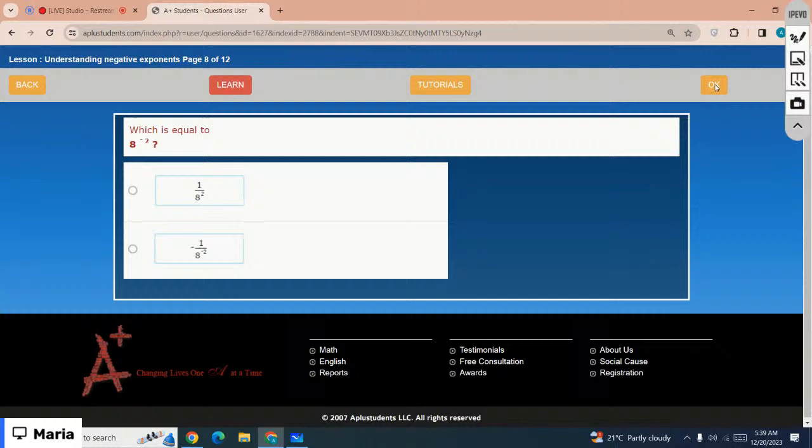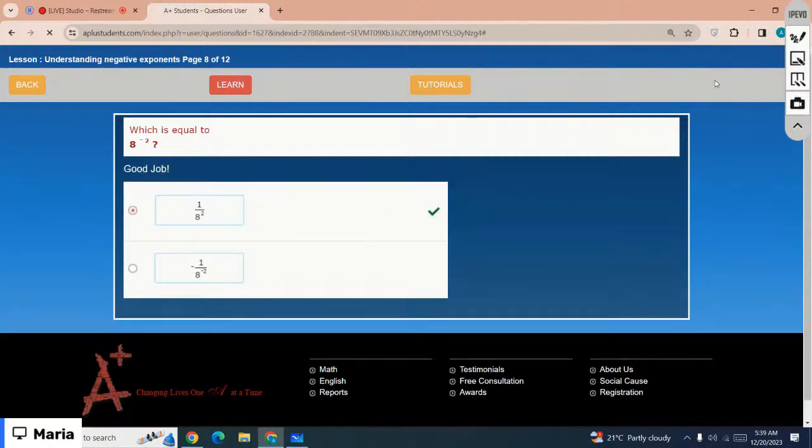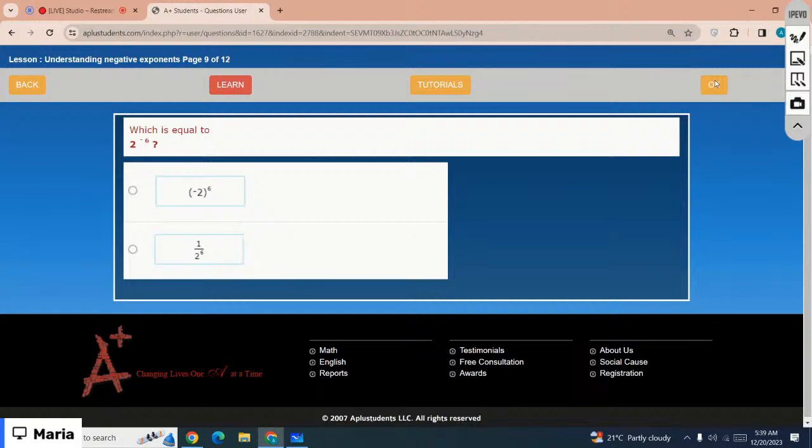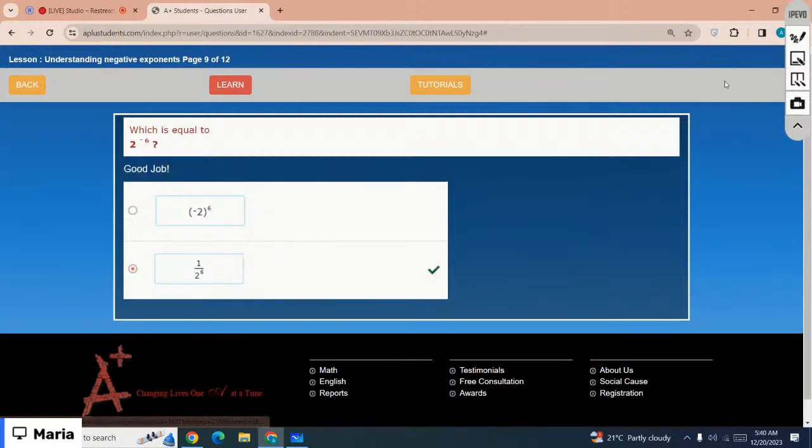The correct option is option number 1. You can write 1 over 8 exponent 2, option 1 is the correct option, right? Okay, which is equal to 2 exponent negative 6, which is the correct option? Yes, 2 is the correct option. Very good.